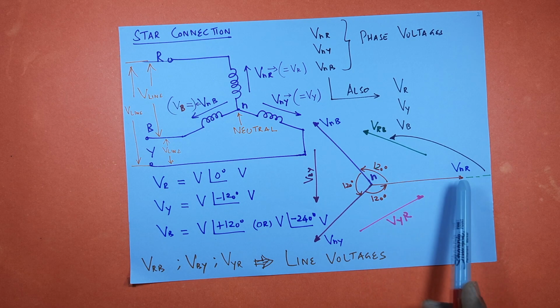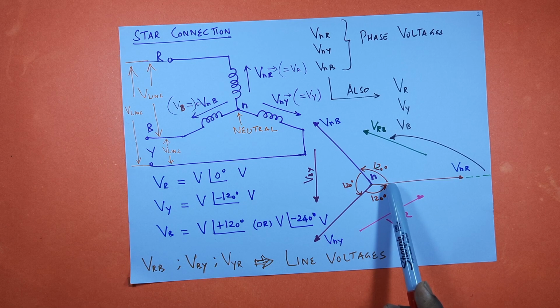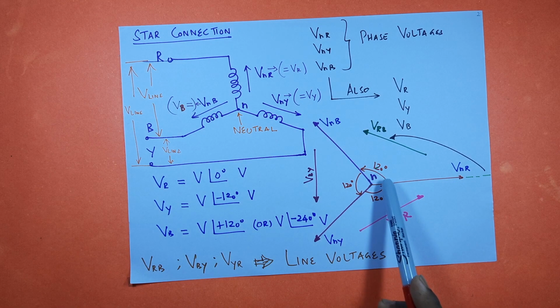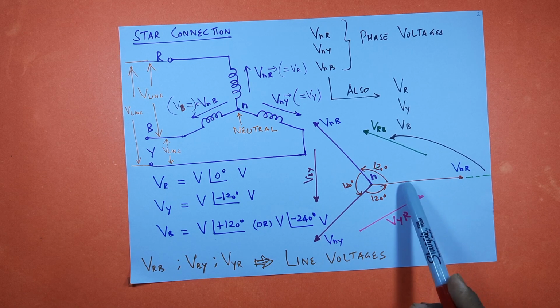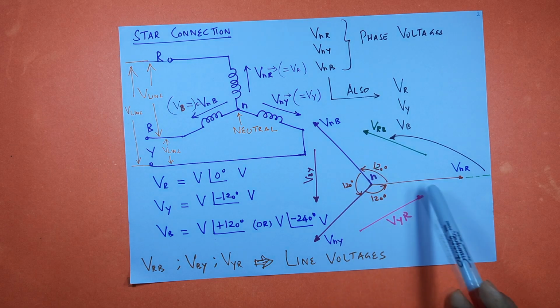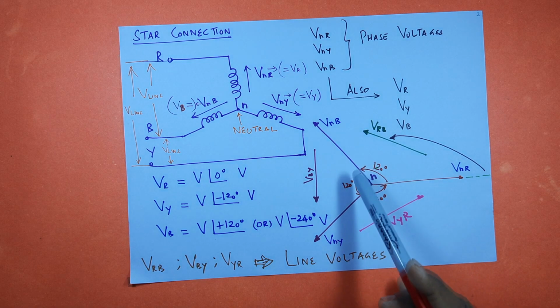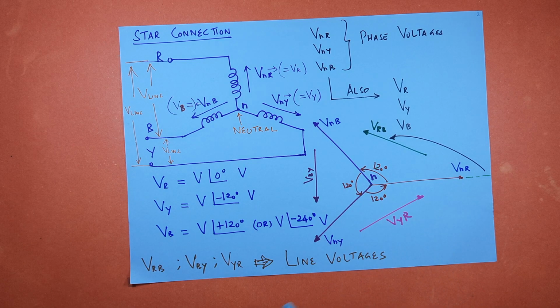Between R phase and B phase, from this point of view, it is leading. From this point of view, it is lagging. Okay, so both are same, right? Between R phase and B phase, you have 120 degrees. Between R phase and Y phase, 120 degrees.